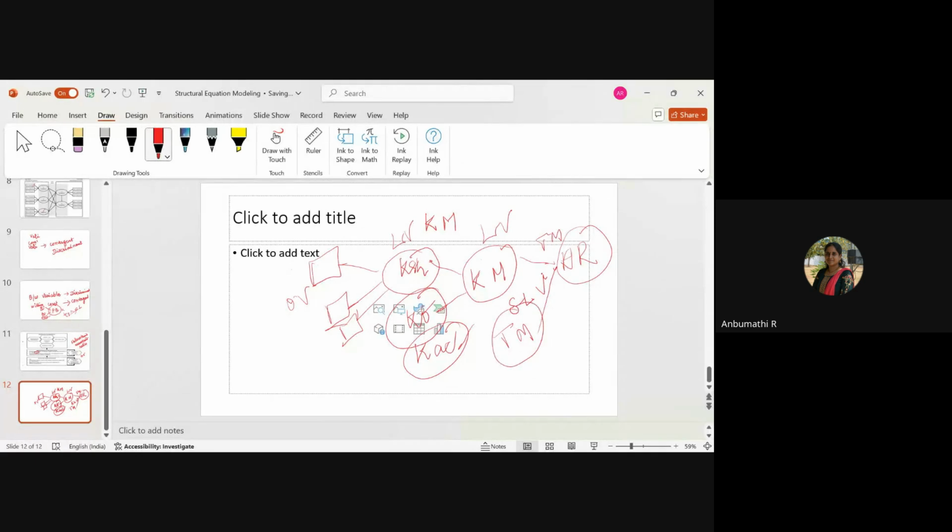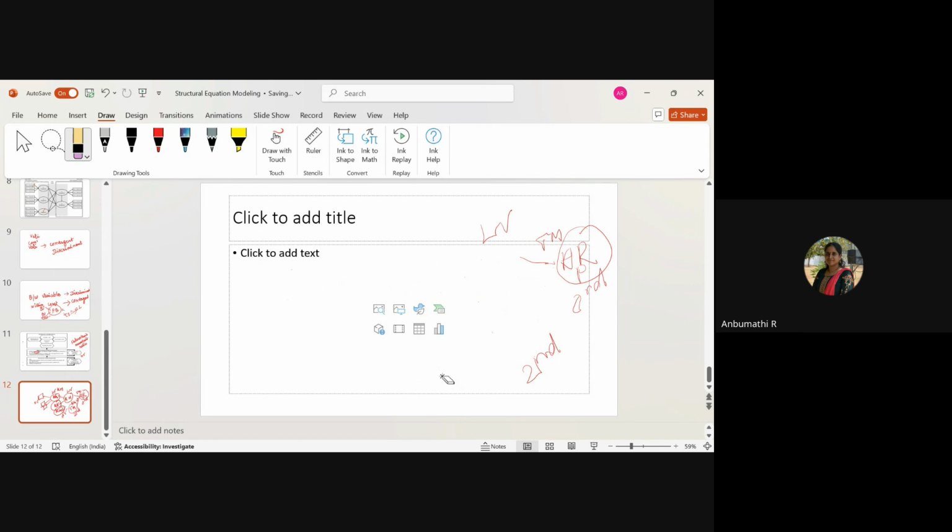In that case, this HR practices is said to be third order latent variable, while this knowledge management and talent management is second order, and this is first order. So like that, you can add more number of models. It's like levels of layers in structural equation modeling. So is that okay? Do you at least understand now what is higher order latent variable?